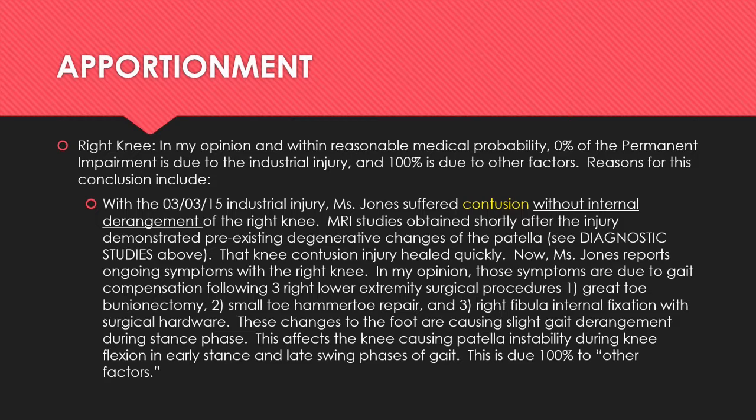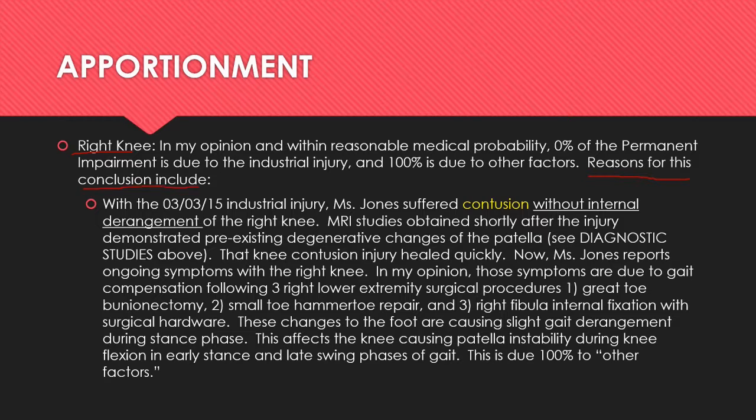In the apportionment section of the QME report, the qualified medical evaluator provided the following opinion. For the permanent impairment related to the right knee, in my opinion and within reasonable medical probability, 0% of the permanent impairment is due to the industrial injury and 100% is due to other factors. And then the qualified medical evaluator supports this opinion and conclusion with the following reasons.